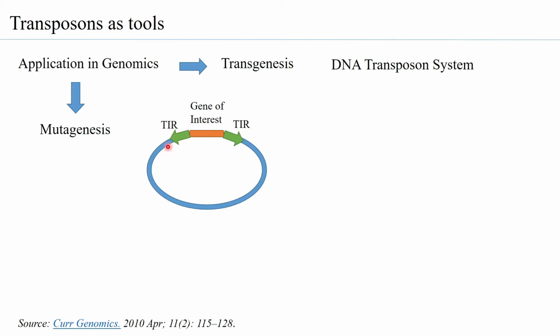So this transposon vector contains a transposon element, but instead of having the transposase ORF, it has the gene of interest. If this has to be cut from here and transferred to a recipient site, this transposon vector will not be able to work on its own simply because it does not have the transposase.